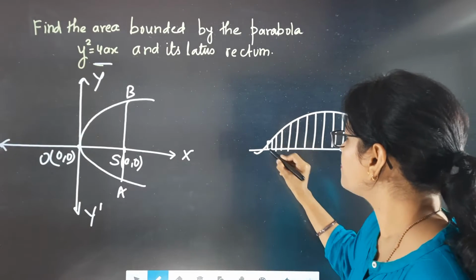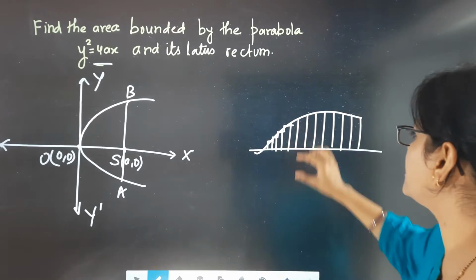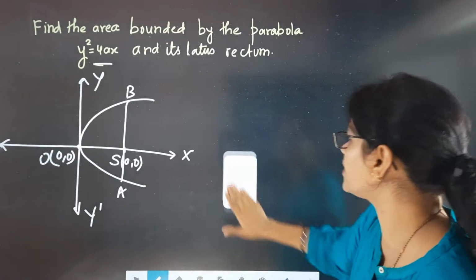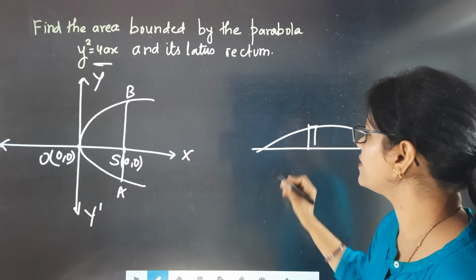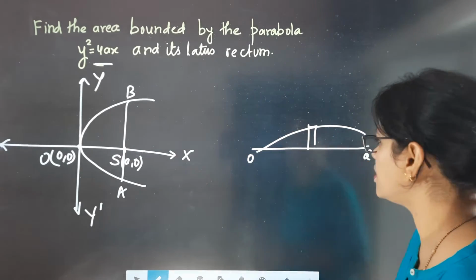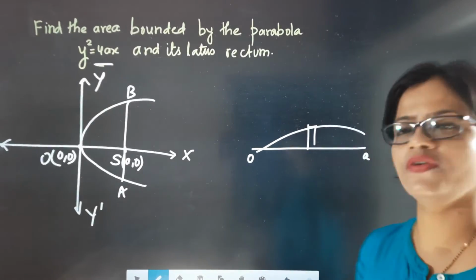If I find the area of all these strips and sum them up, I will get the area of the whole region. The shortcut is that we draw only one vertical strip, and then we integrate that region from the lower to the upper part, and we will get the area of this entire region. So this work only we are going to do.